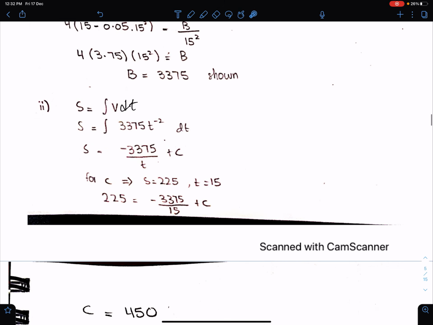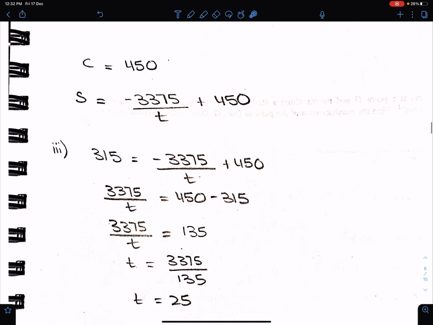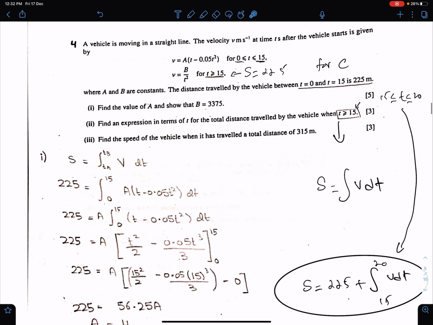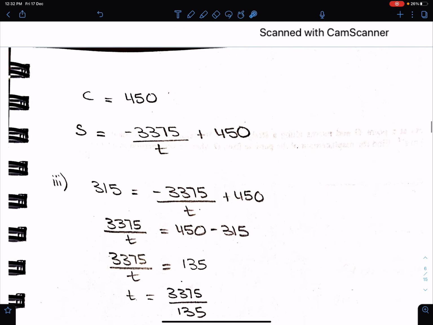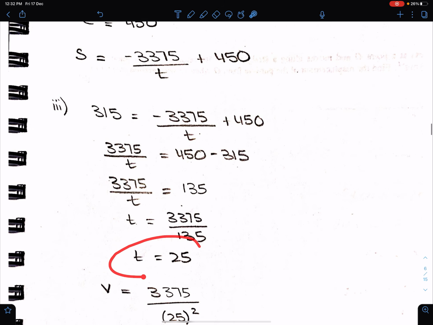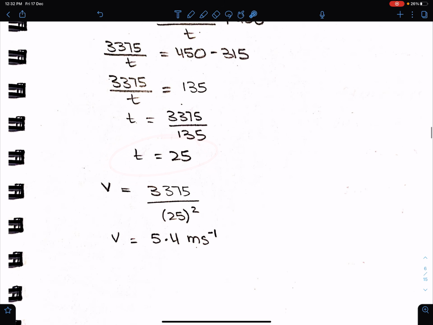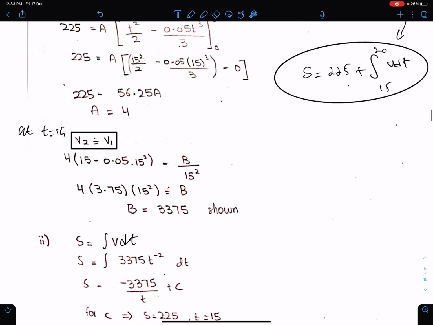So use this new equation. Substitute 315 here and get the value of t, and then substitute this value of t into the right equation of velocity, the second equation of velocity, because time is greater than 15. You can check this solution again.